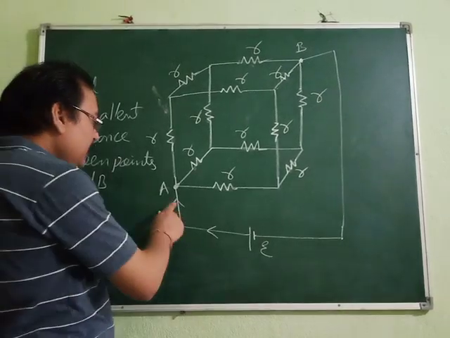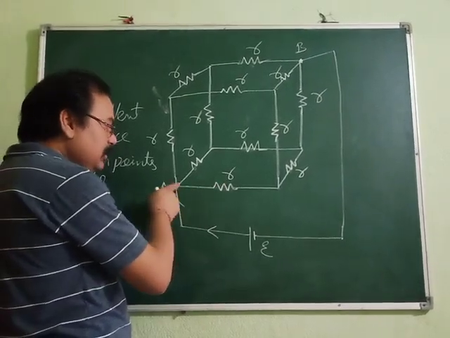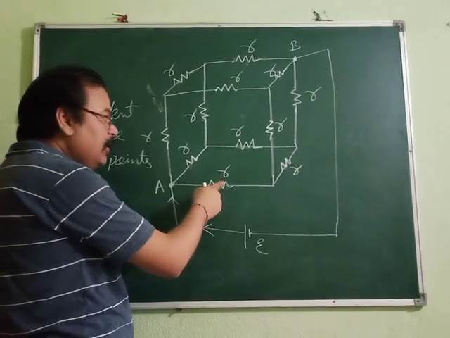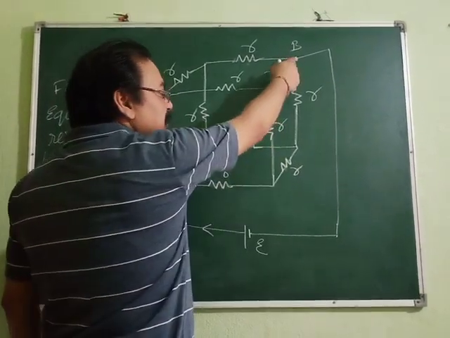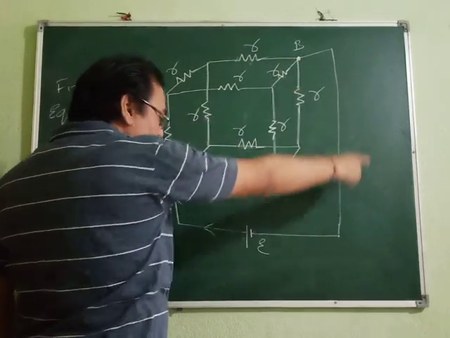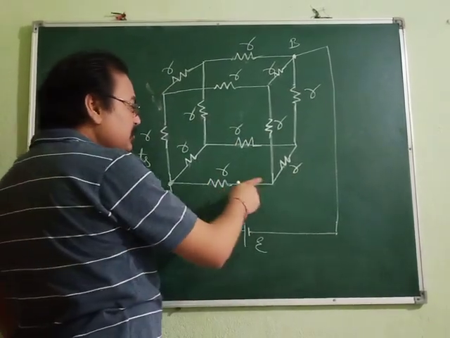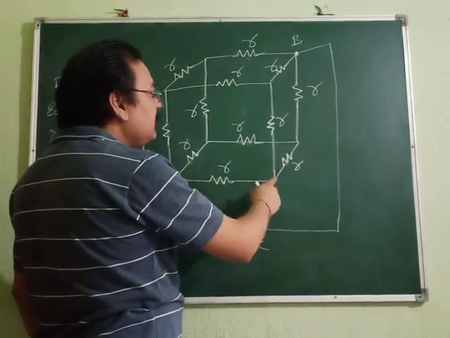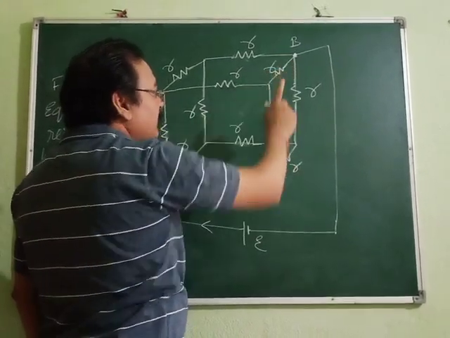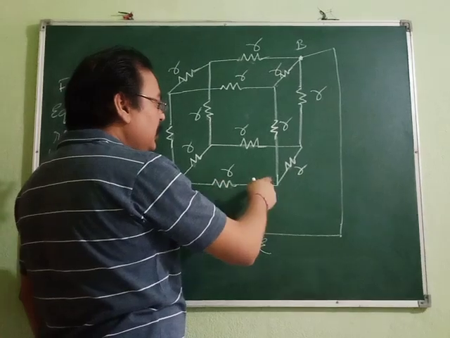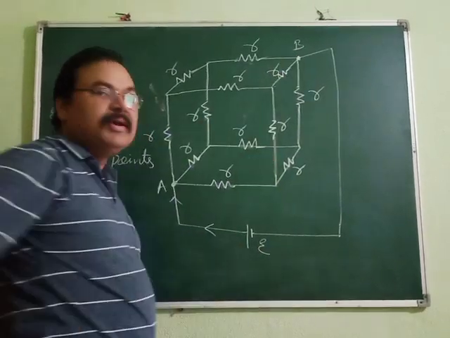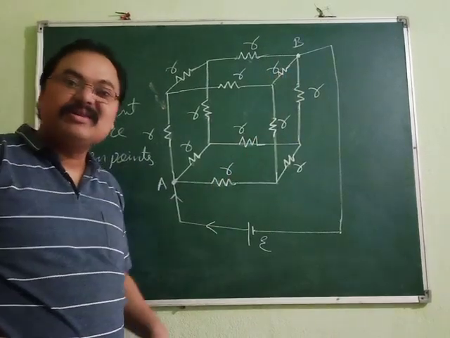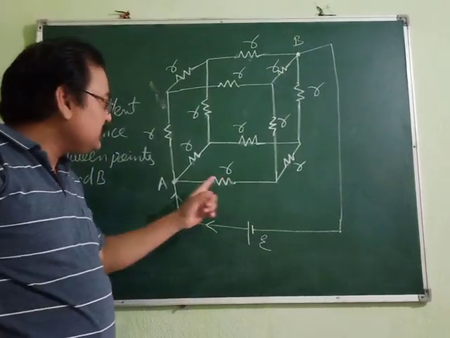Whatever current is passing through this path will encounter this resistance R. Again, it has to reach this terminal, only then will it reach the negative terminal. So the minimum number of resistances it has to cross is 1, then 2, and then 3. If you follow this path, again 1, 2, and 3. So the minimum number of resistors it crosses is 3, and all the resistors have equal resistance, and they are in series.